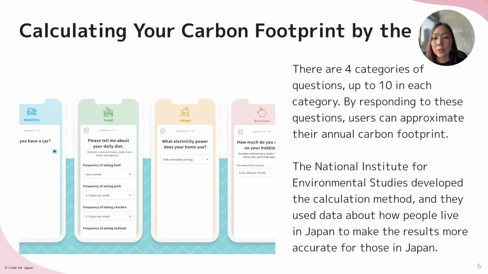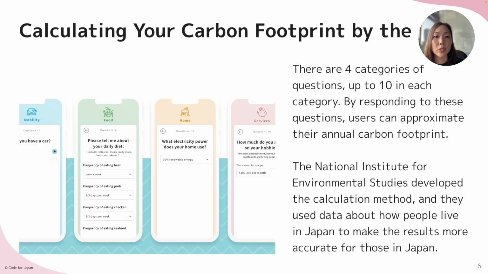In the app, there are 4 categories of questions, up to 10 in each category. By responding to these questions, users can approximate their annual carbon footprint.